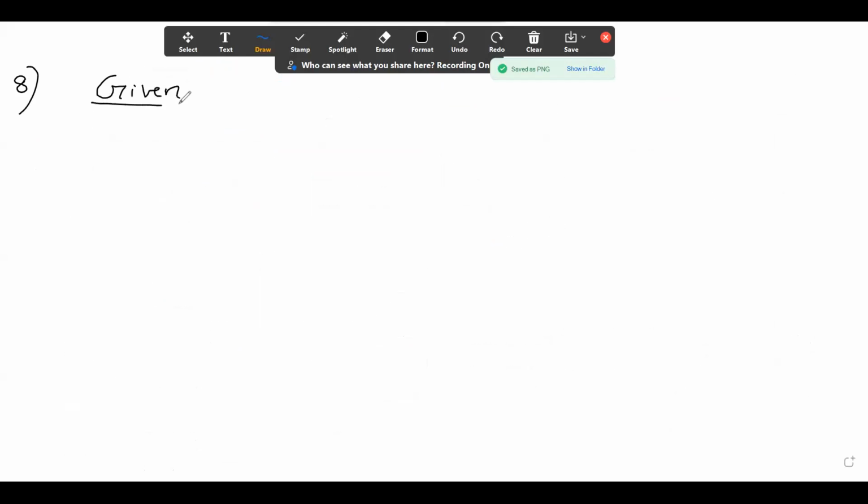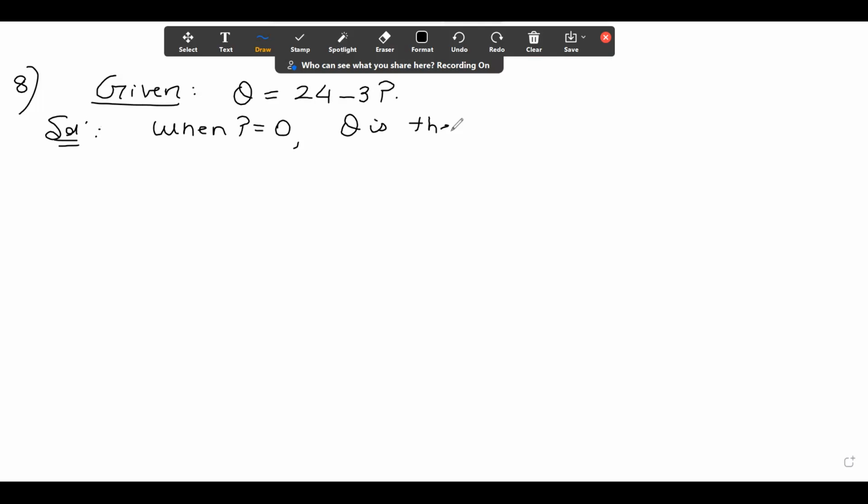Again, we are given that the demand function is Q is equal to 24 minus 3p. And we can say that when price is equal to 0, then Q is theoretically the maximum quantity.